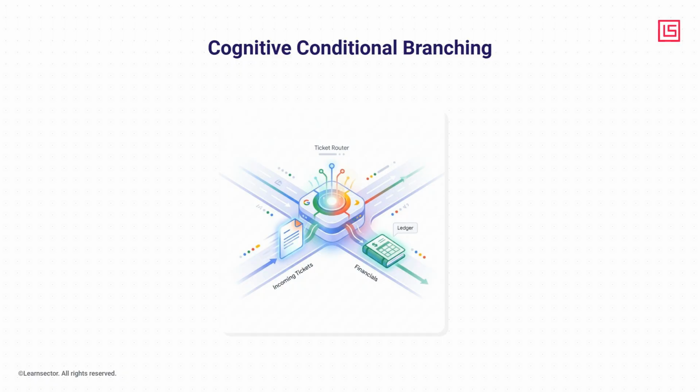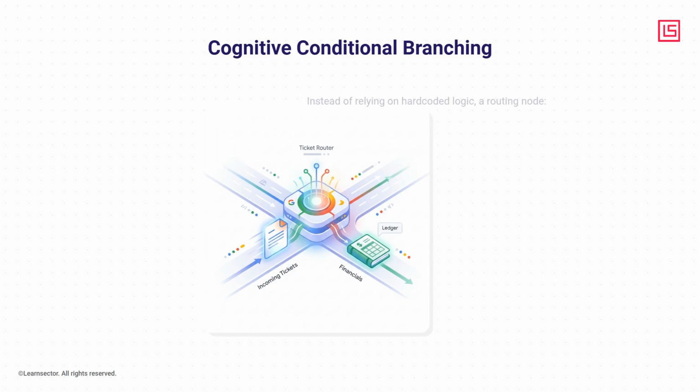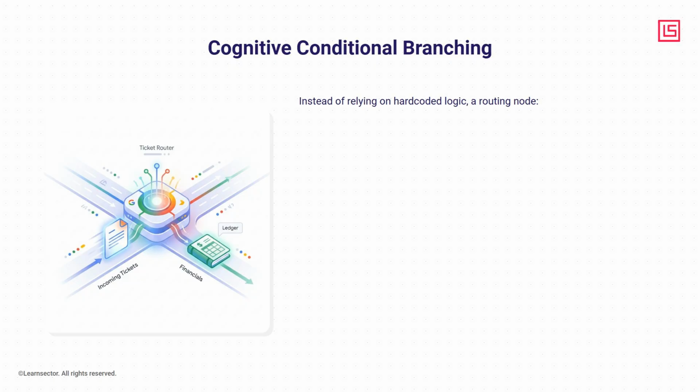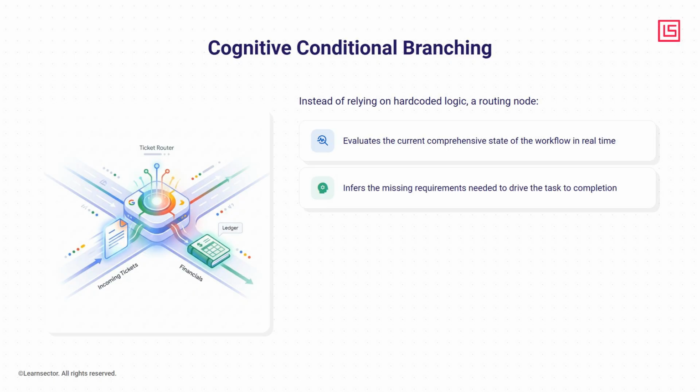To overcome the fragility of rigid, rule-based systems, LangGraph introduces cognitive conditional branching, using reasoning to dynamically determine optimal execution paths. Instead of relying on hard-coded logic, a routing node evaluates the current comprehensive state of the workflow in real time. It autonomously infers the missing requirements needed to drive the task to completion.